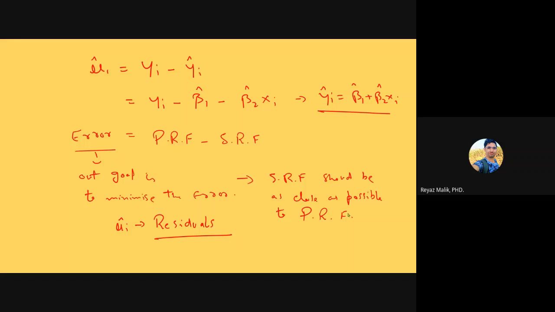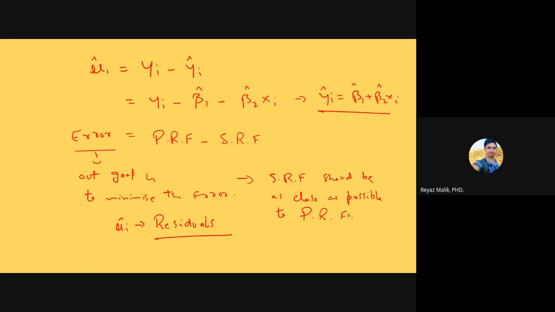That's our job. So this ui, I told you, is called residuals, and earlier I have also given you different names for it. You remember that, and you know it very well, right?